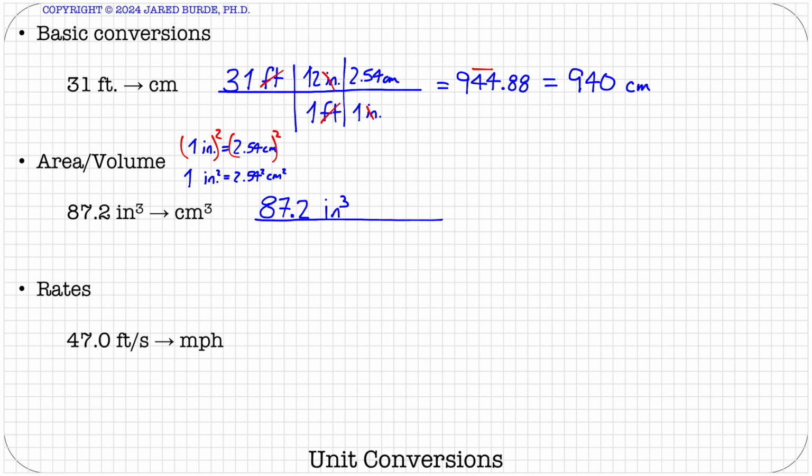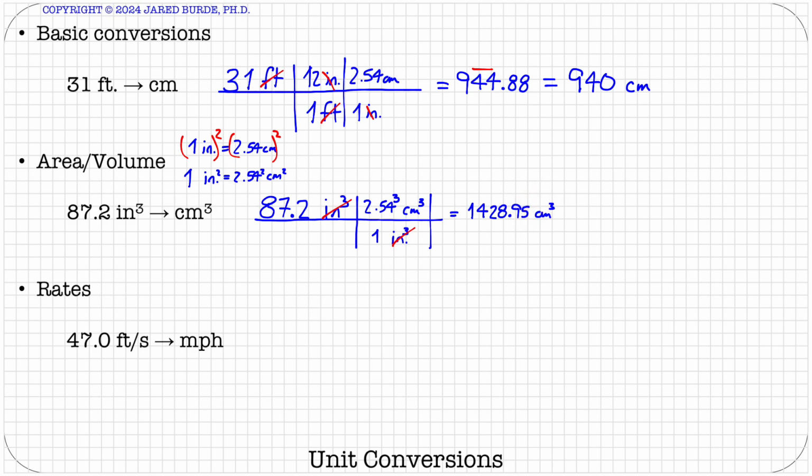In this particular case, we want inches cubed, so it's going to be the same idea. We can say that 1 inch is 2.54 centimeters, but we don't have inches, we have inches cubed, so we have 2.54 cubed centimeters cubed. Inches cancel, and we're back to centimeters. We can take this farther.